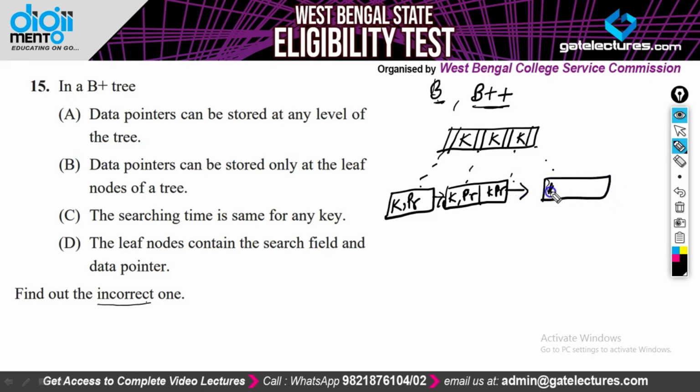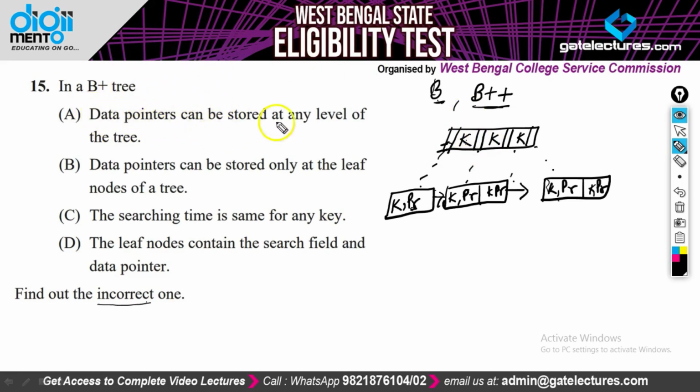It is also different in terms of defining the leaf nodes. Here we do not have node pointers at the leaves, only at the root or internal nodes we have node pointers. These are node pointers, this is the key, and these are our record pointers, or here we say data pointers. So in leaf nodes only we have our data pointers, and the node pointers and keys we store in internal nodes and in the root also. Okay, so let's check out the options.